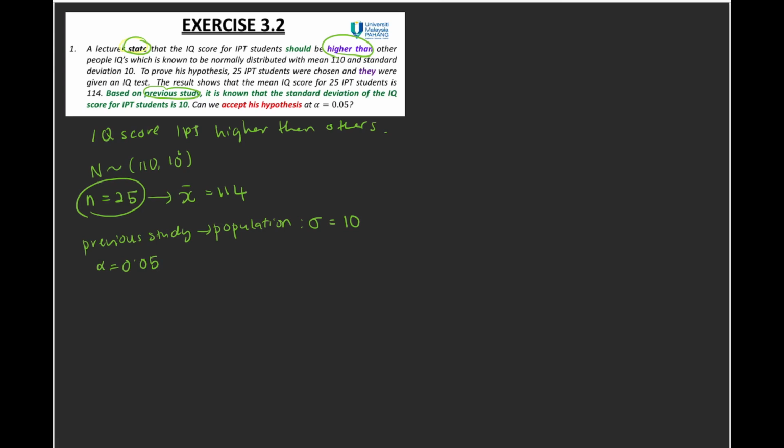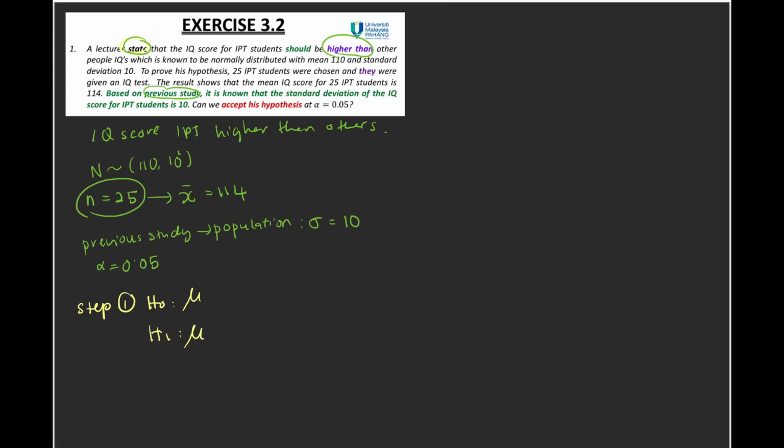Okay, now you want to test the hypothesis. So what is your H null and your H1? Step 1 is H null and H1. So what is the parameter here? The parameter here, we talk about the mean. So it should be mu.